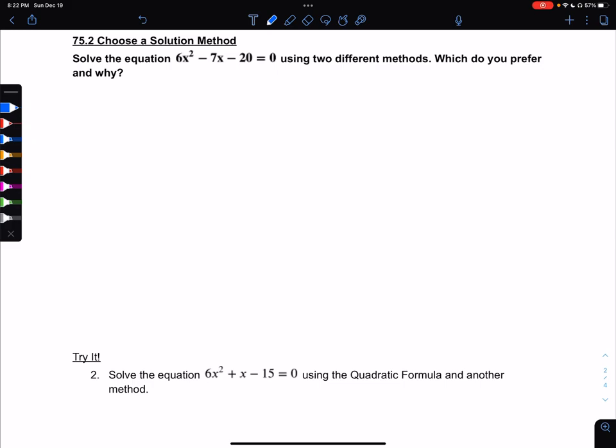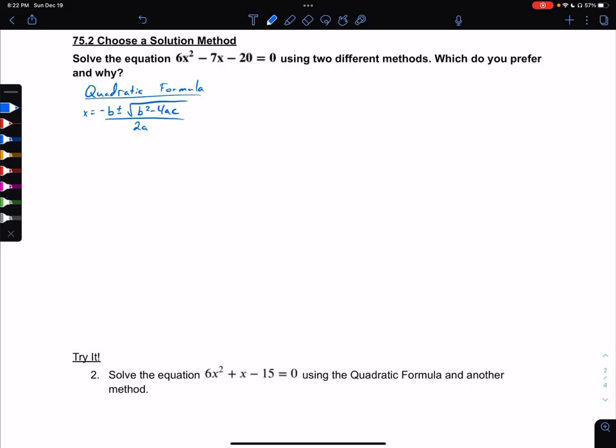So let's start with the first one, and I'm going to use the quadratic formula as my first option, because this section is the quadratic formula section. In the quadratic formula, we have x is equal to negative b plus or minus the square root of b squared minus 4ac, over 2a.